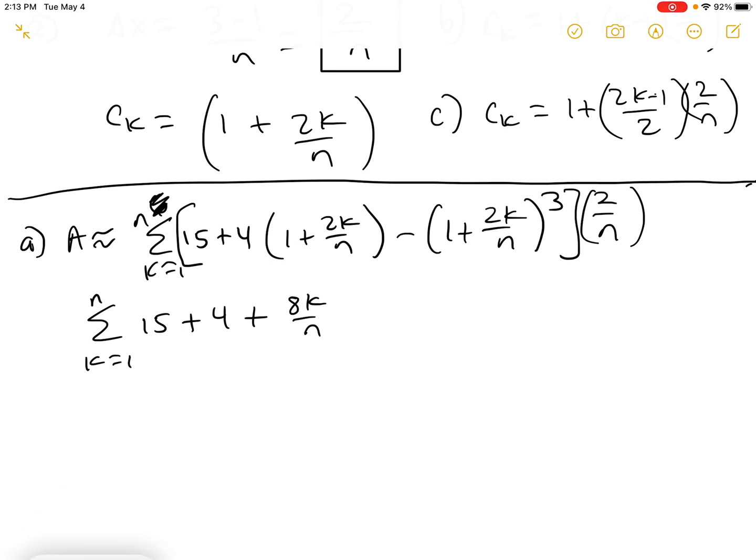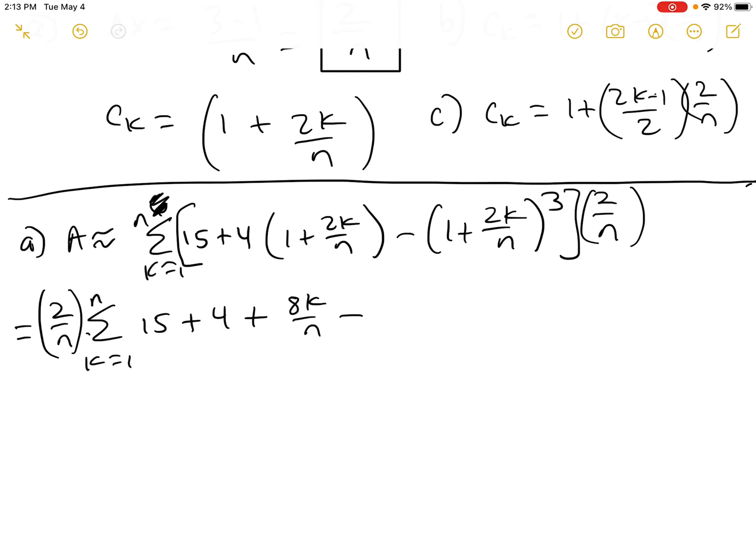Because it's convenient, I'm going to put the 2 over n out front, since it's just a constant. So 15 plus 4 plus 8k over n minus (1 plus 2k over n) cubed.